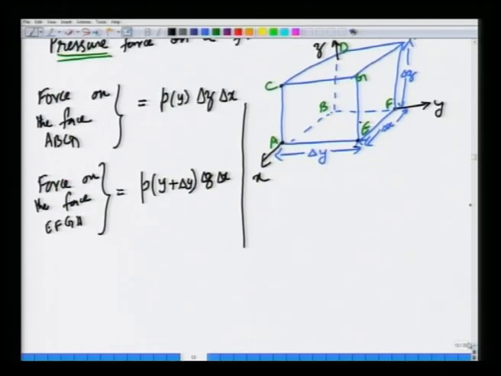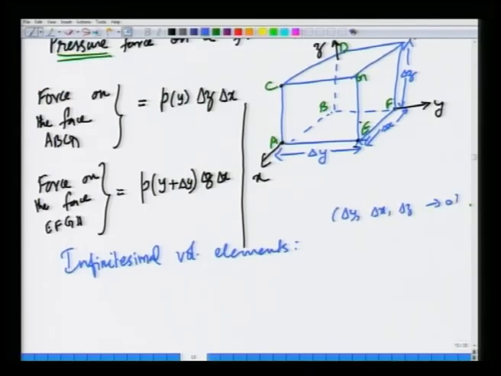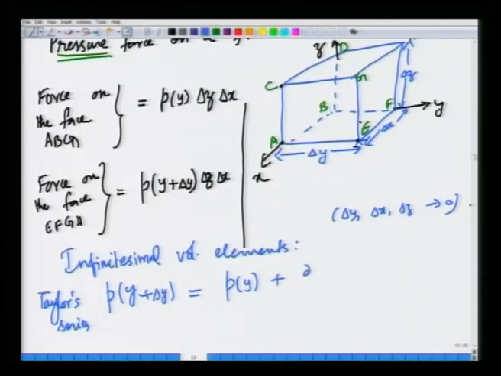Now, we are going to consider infinitesimal tiny volume elements. For infinitesimal volume elements, that is as delta y, delta x, delta z tend to 0, we can always write by what is called a Taylor series, P of y plus delta y is nothing but P at y plus partial P by partial y times delta y plus half partial squared P partial y squared delta y squared plus so on.